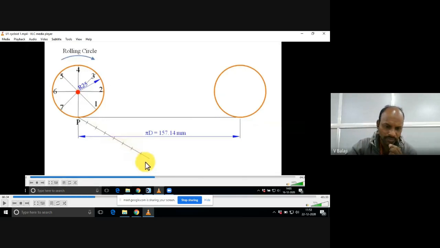We have divided the circle into 8 parts, so this horizontal length also we need to divide into the same number of equal parts. So we are going to divide this pi d length into 8 equal parts.